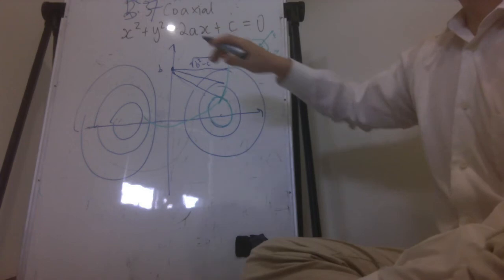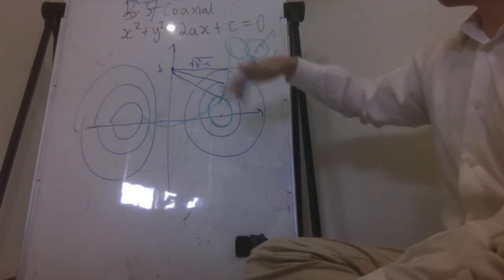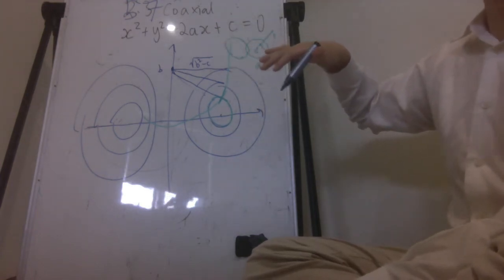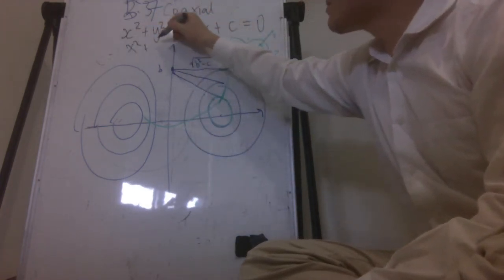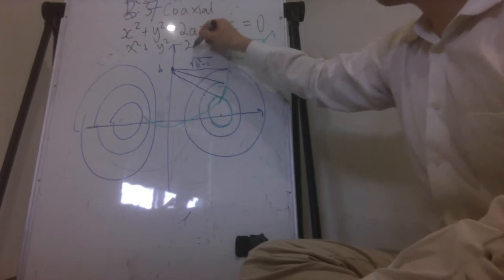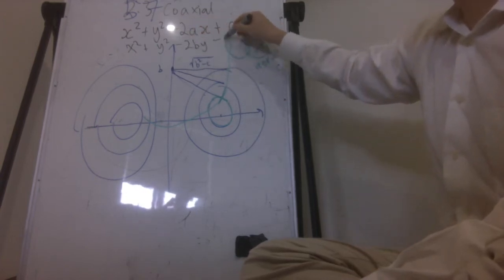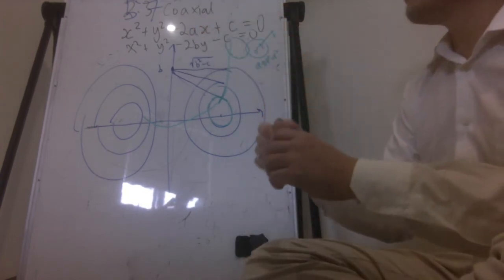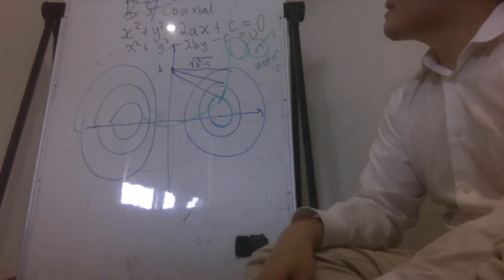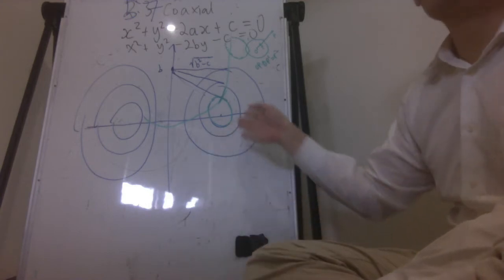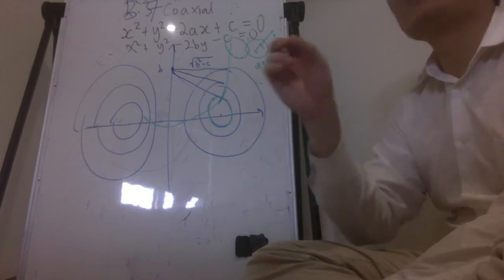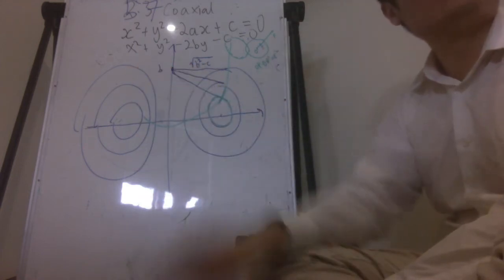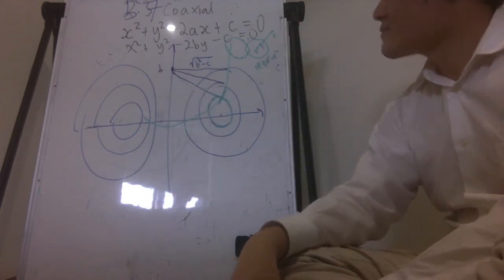One of them you have a pencil of coaxial circles, and on the other axis you have a pencil of circles which are all orthogonal to these coaxial circles. But each one is orthogonal to every single one.